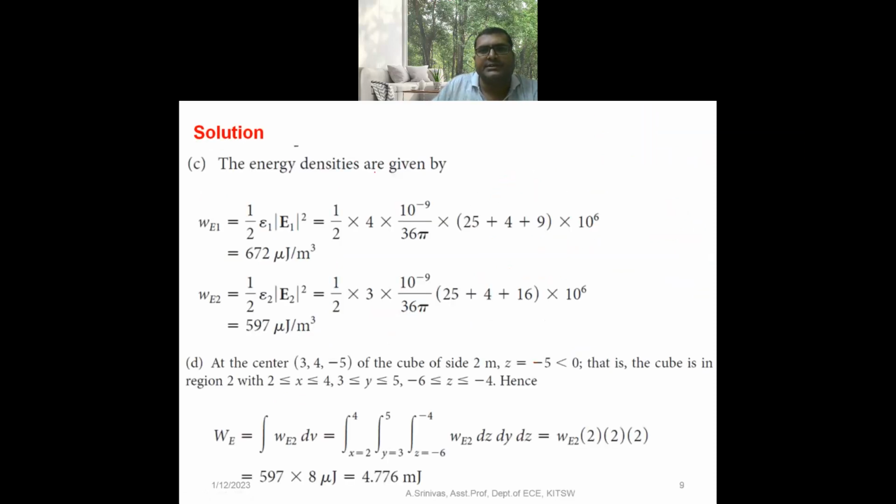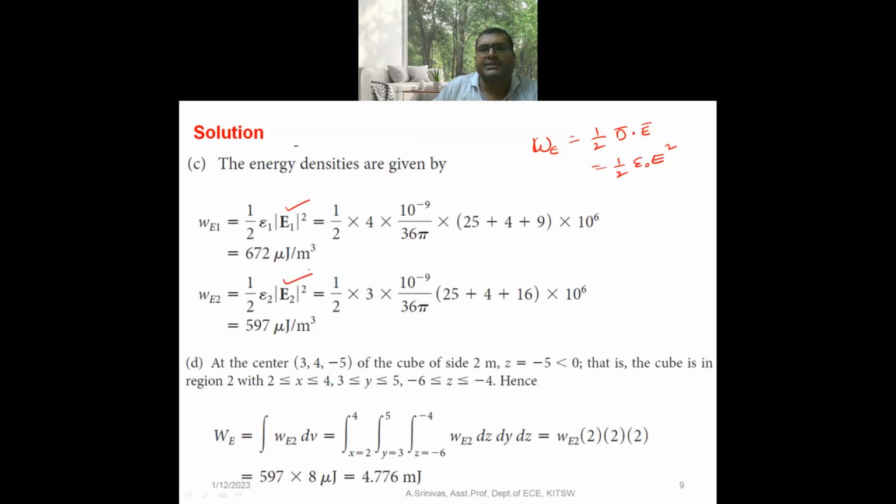And the energy densities in both the medias. In the previous lecture, we discussed energy density small w_e. It is equal to half into D bar dot E bar, or it is equal to half epsilon naught E square. And in medium 1, you know the magnitude of electric field.